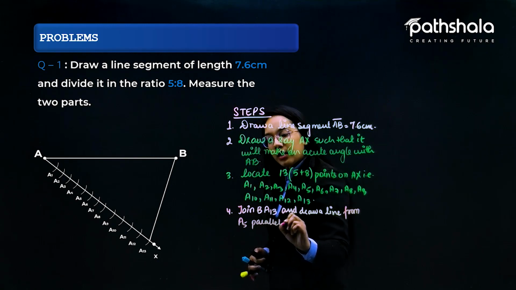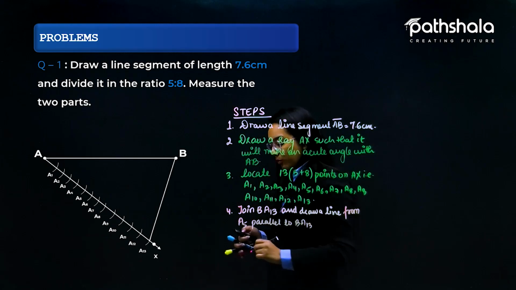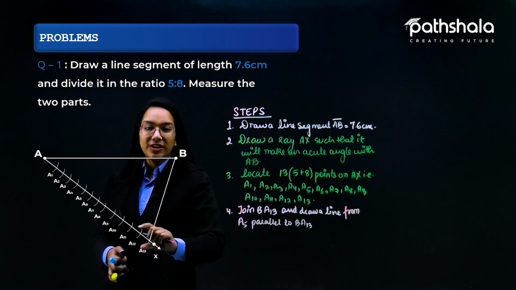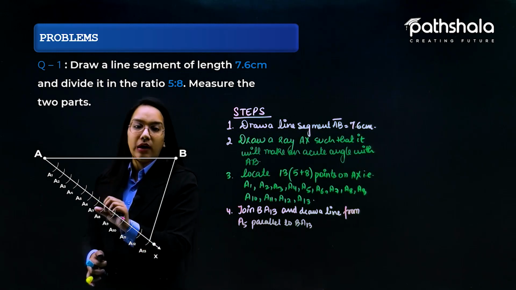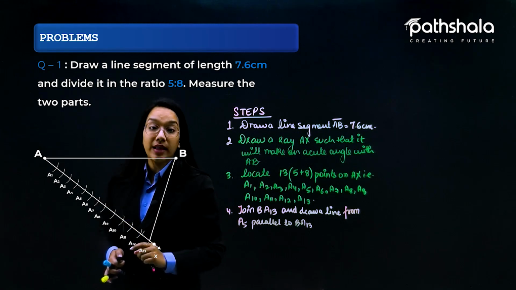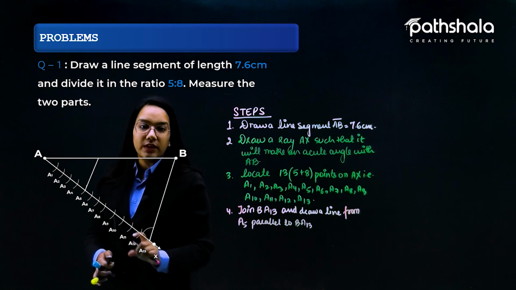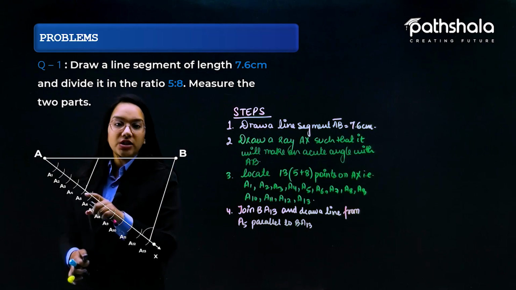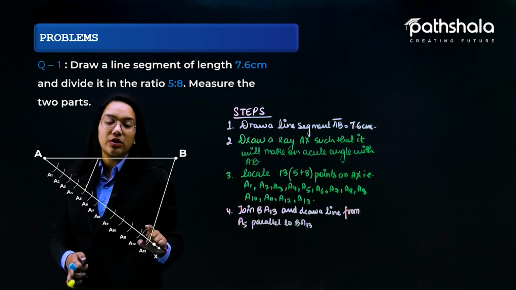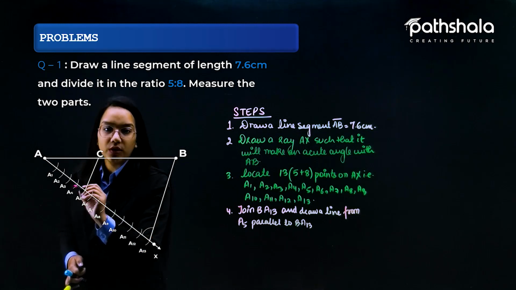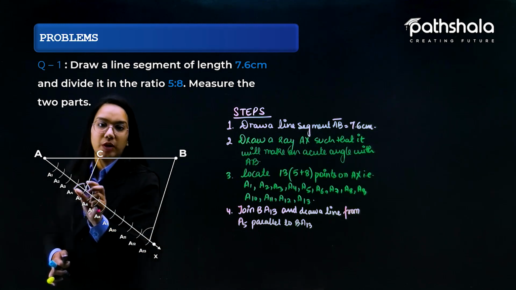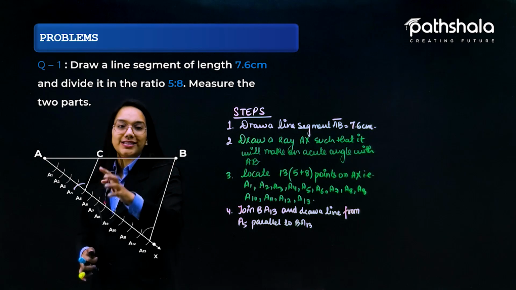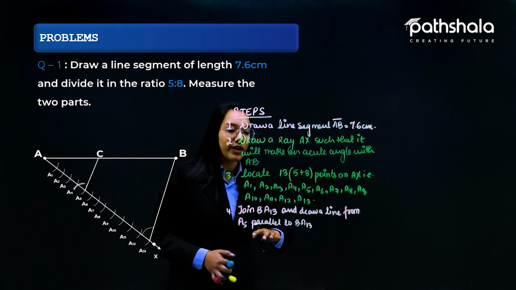Let us measure this particular angle, and using that measurement I draw an angle at A5 and draw a line parallel to BA13, such that this angle and this angle are equal to each other, using the compass. The point where it intersects AB is C, and it divides AB in the ratio 5:8.